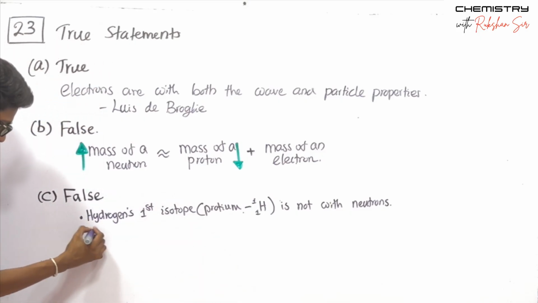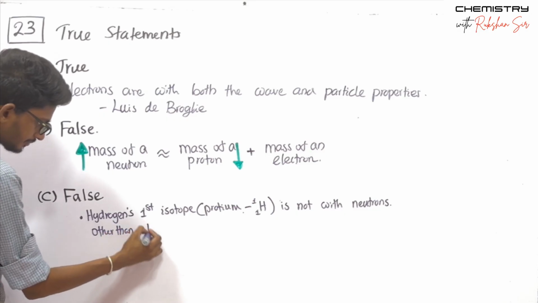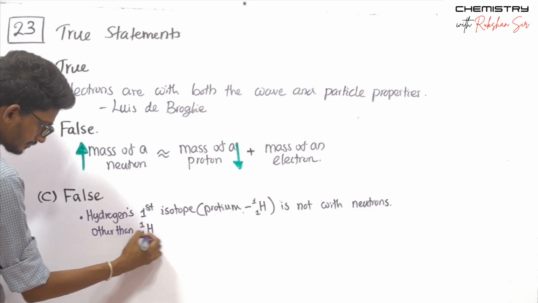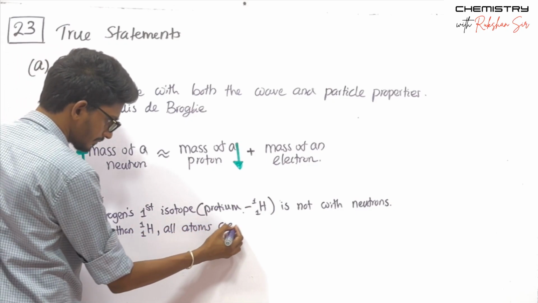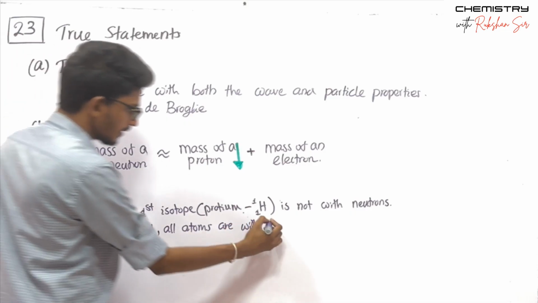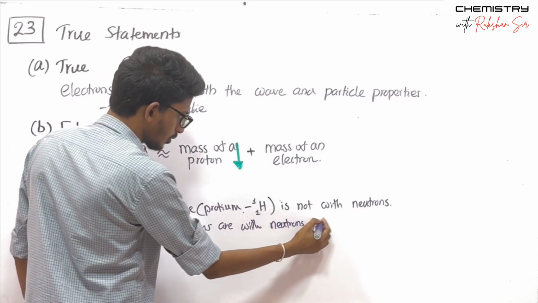Other than protium, all atoms have neutrons, protons, and electrons.